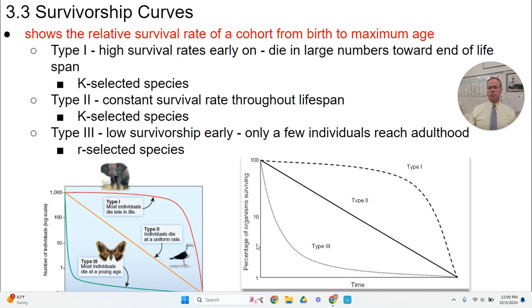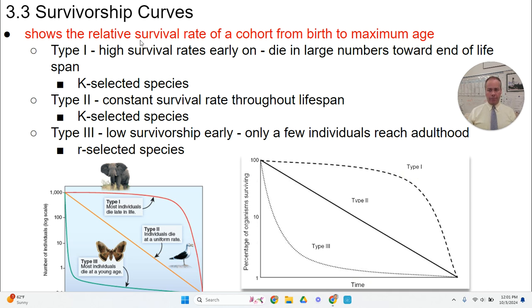If we think about what the shape of this line is telling us, it's telling us that in the early stages of life, a large percent of individuals are able to survive the early stages of life.